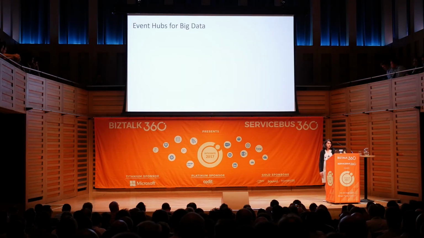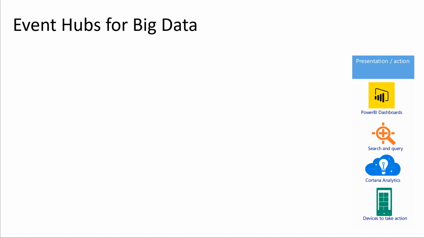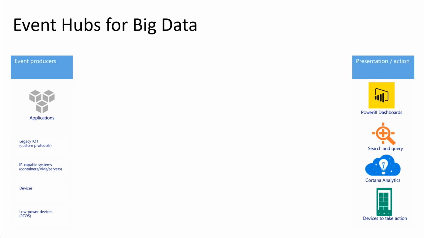When we talk of Event Hubs in a big data pipeline, we know that we want big data so we can make better return on investments and smarter business solutions. Once we know why we want big data, what our customers do is identify what data they are interested in. These could be applications, custom protocols, VMs, or devices which produce data.